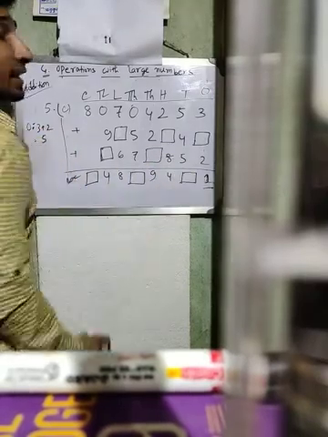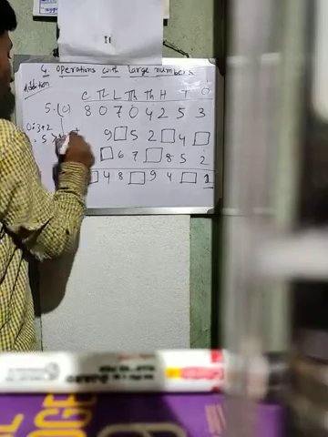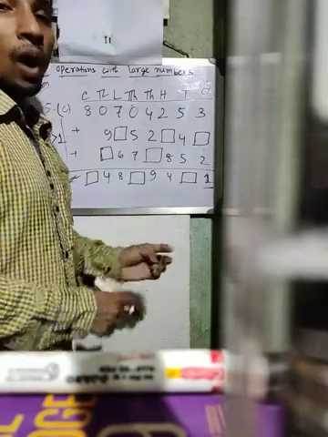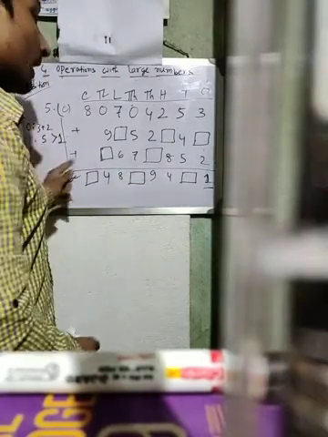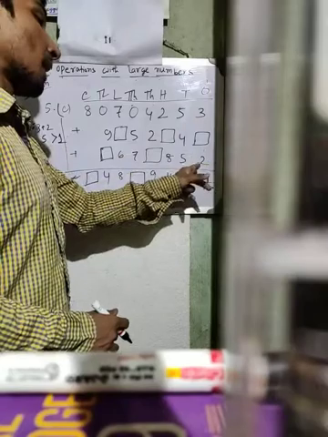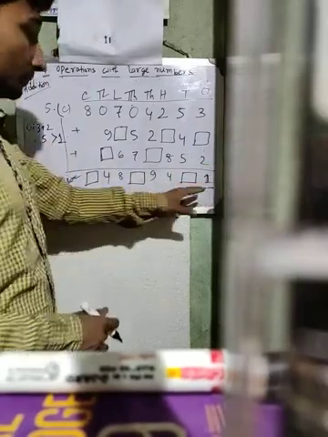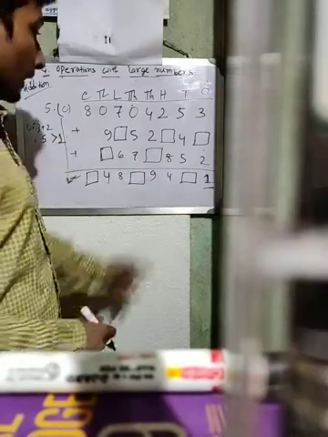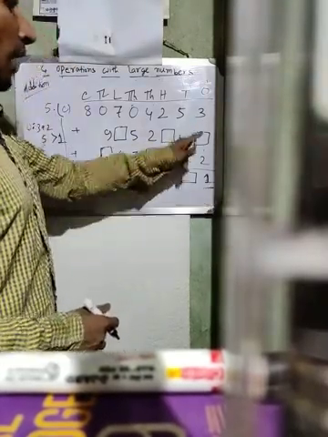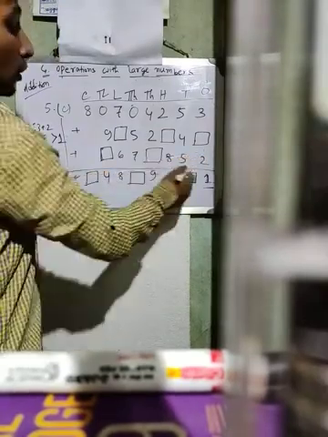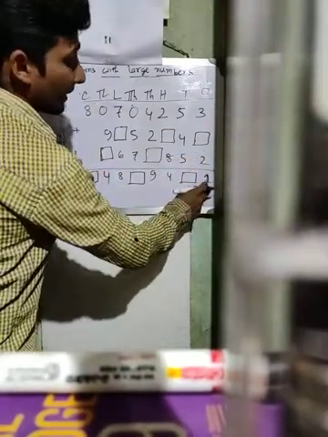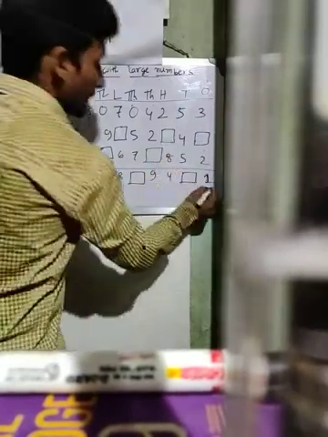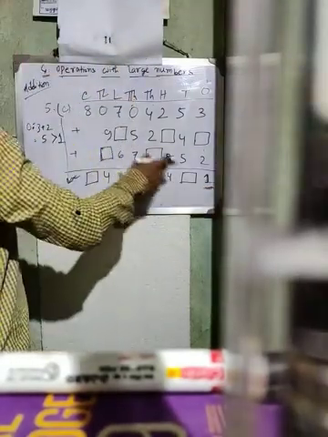Is it greater than 1 or less than 1? 5 is greater than 1. Is it possible that the sum of the three numbers is less than 5? No. So the sum must be greater than the addends.